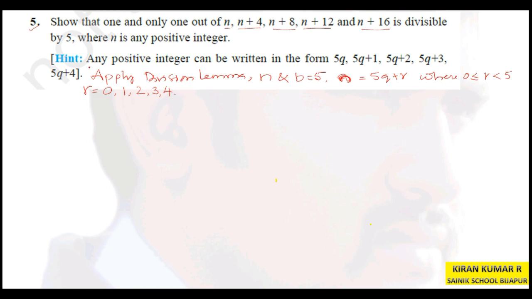For each of these remainders 0, 1, 2, 3 and 4, I need to find out only one out of n, n plus 4, n plus 8, n plus 12, n plus 16 is divisible by 5. So I will make these many columns.